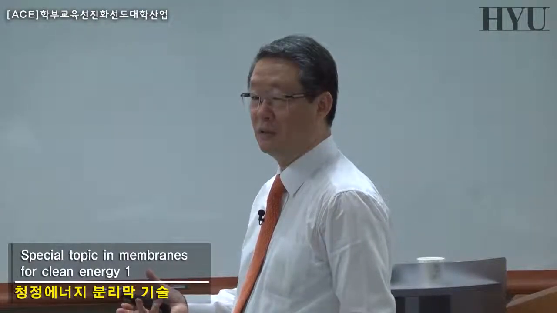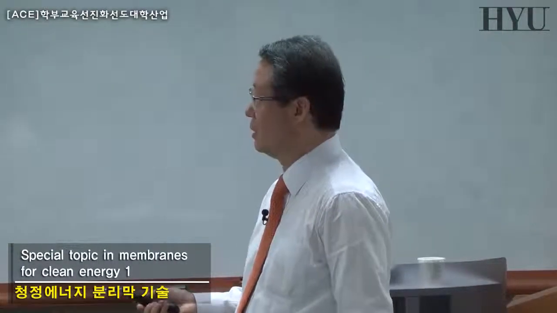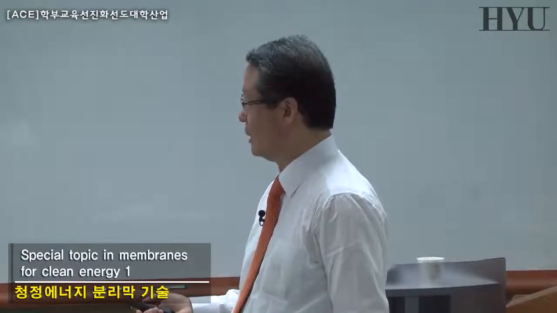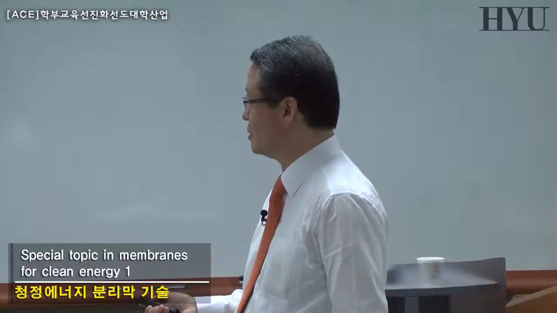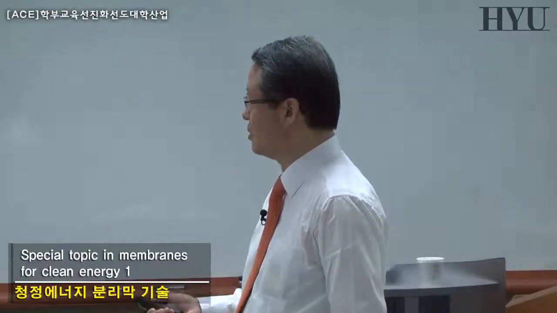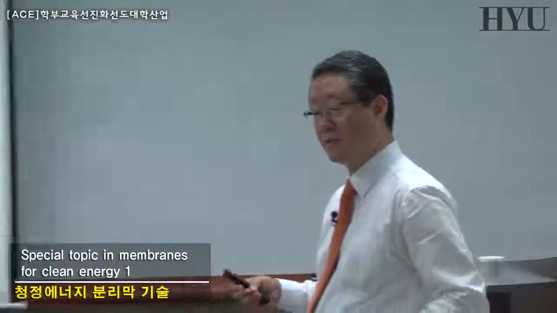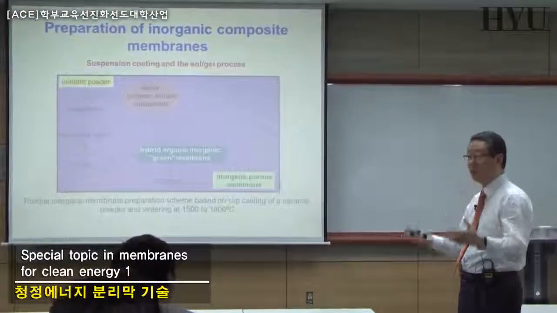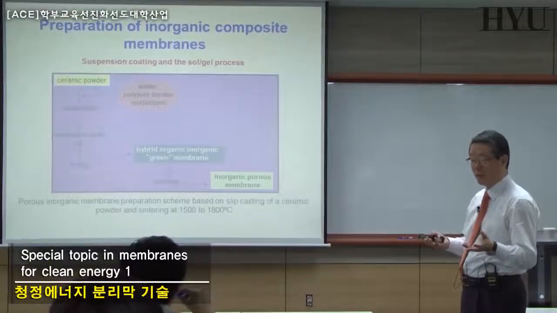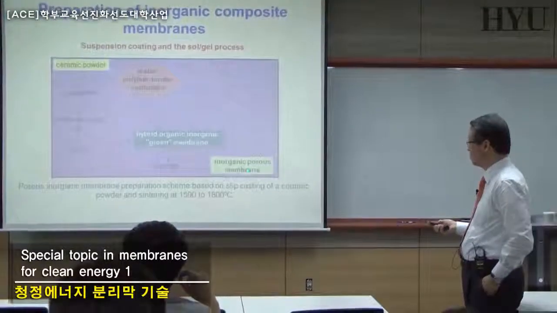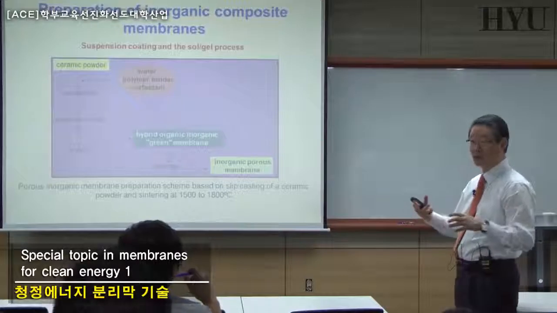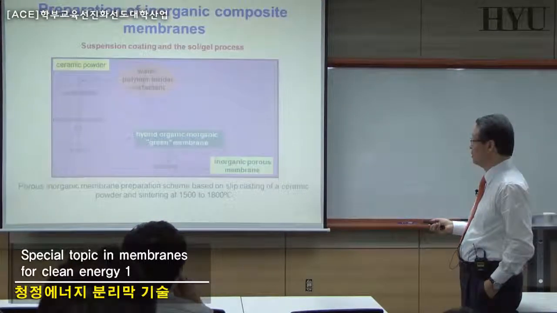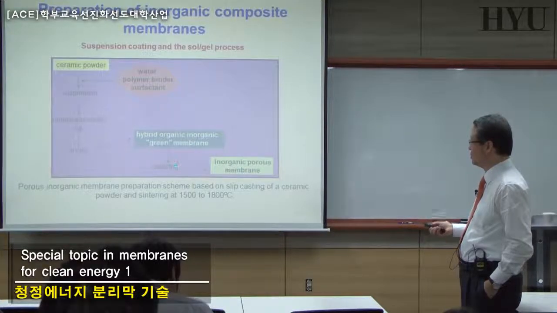Green membrane means the incomplete or transition state of the membrane process before the final membrane, which has some mechanical strength, so that you can handle those green membranes for the final stages, because you need to handle the intermediate state of your membrane before the sintering.